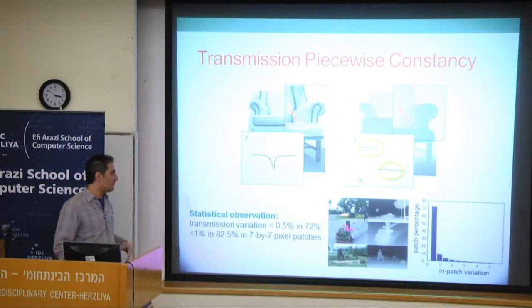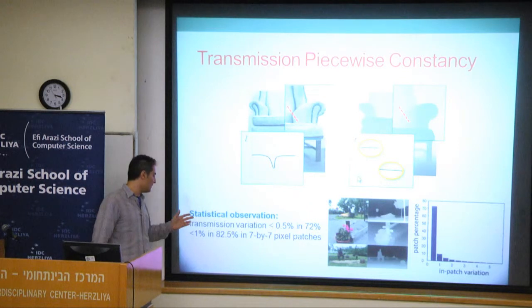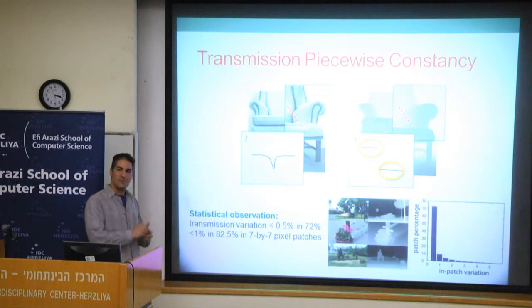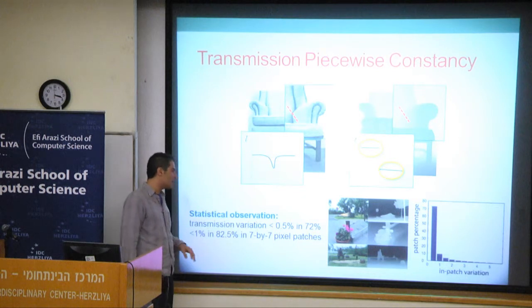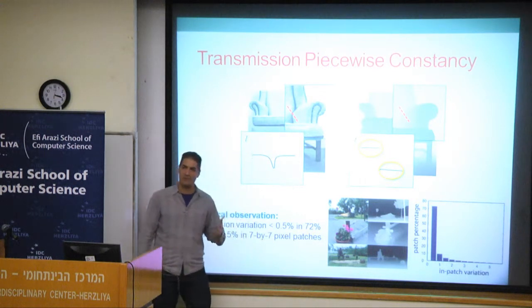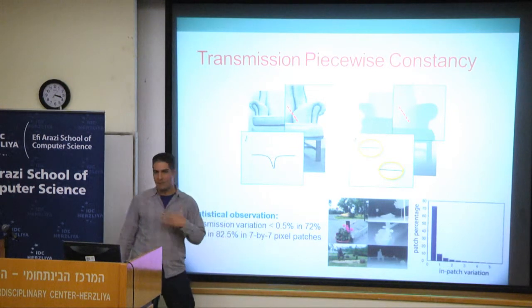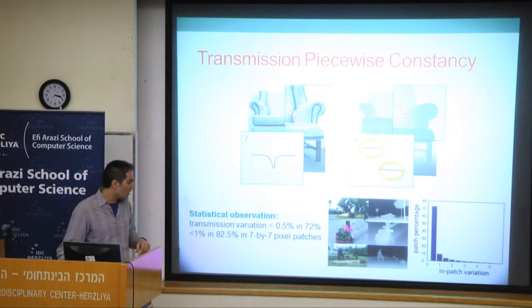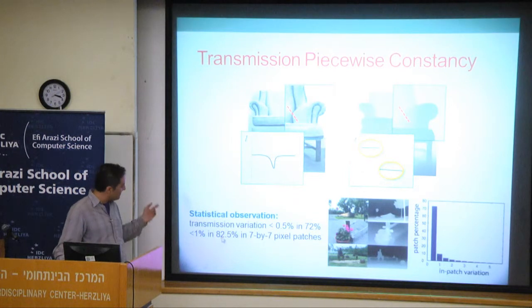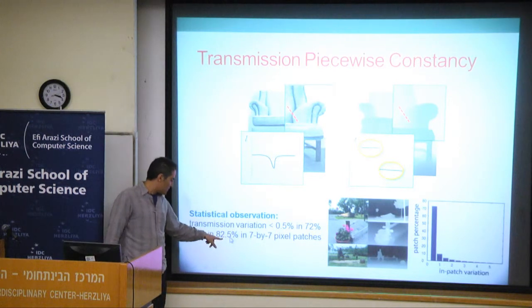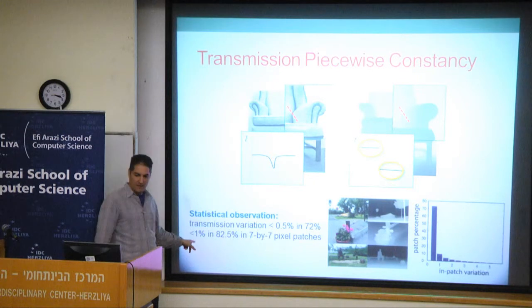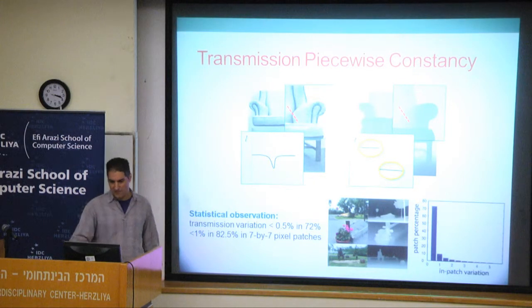So if you run this very simple statistic, you realize that if you look at very small image patches, which are the patches I was working with, 7 by 7 pixels, in 72% of the patches in the image the transmission does not change by more than 0.5%, and in 82% of the patches in the image it changes by below 1%.